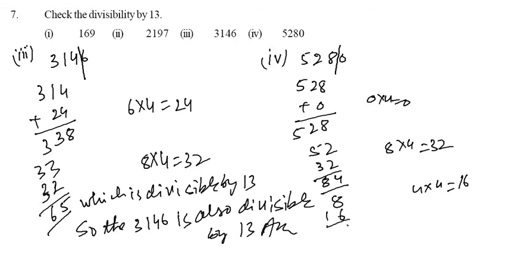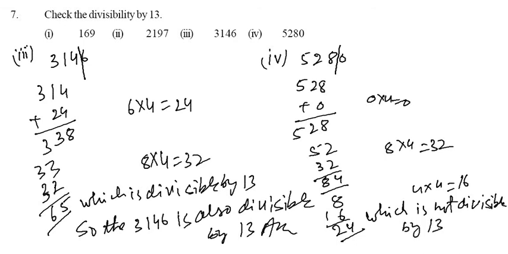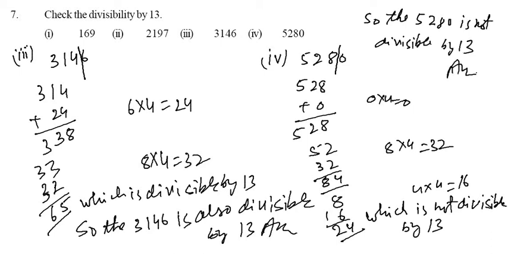So 8 and 4 is 12... and it is 24, which is not divisible by 13. So the number 5280 is not divisible by 13. So that will be your answer.